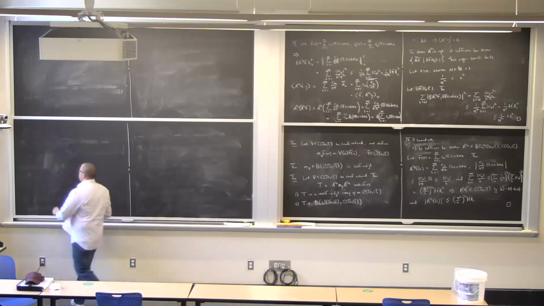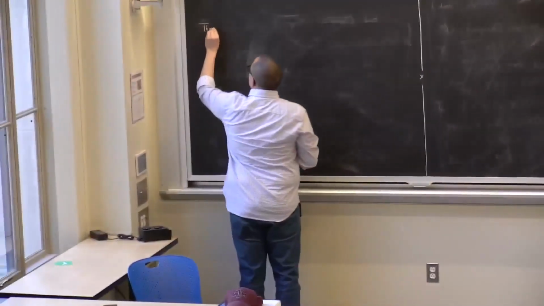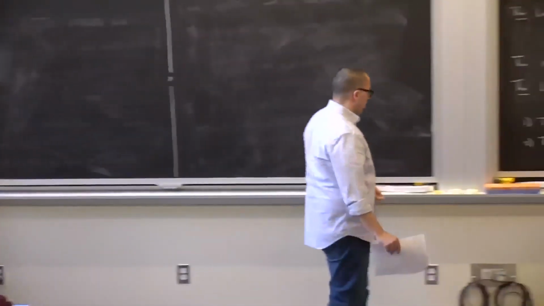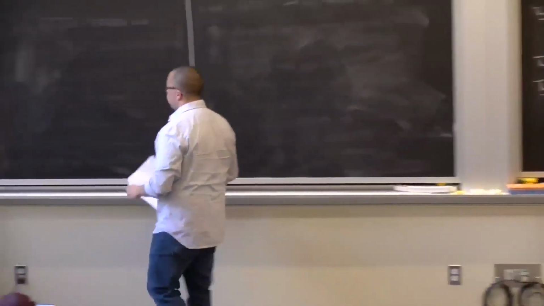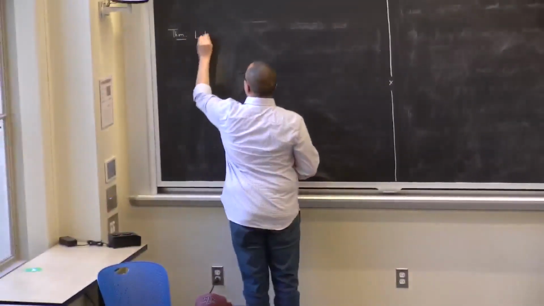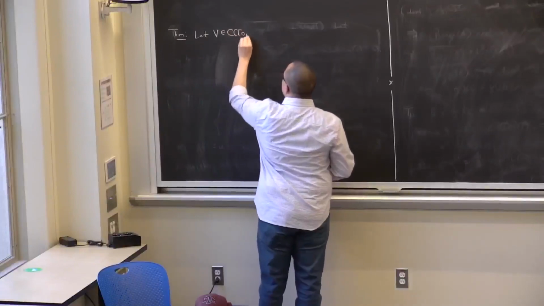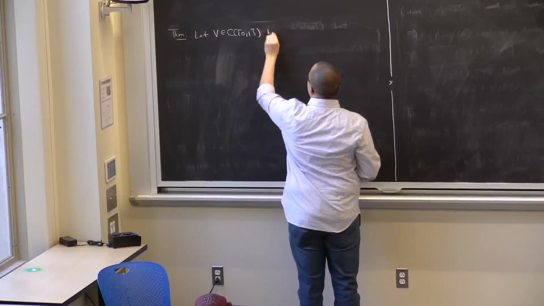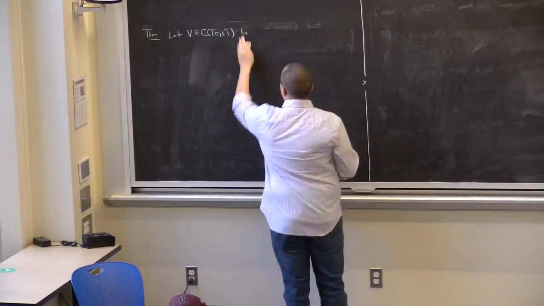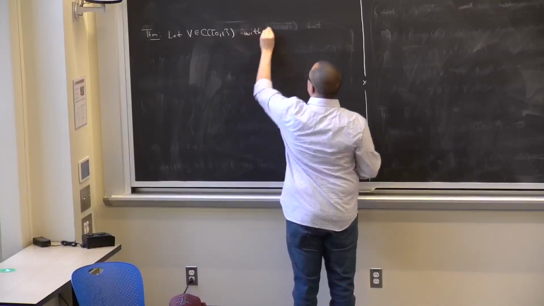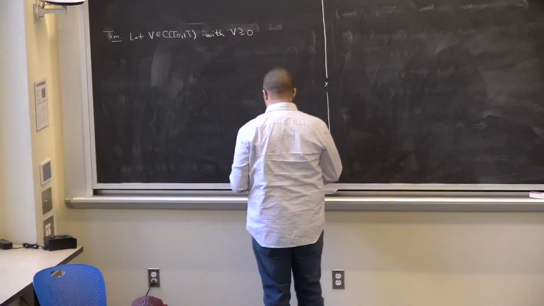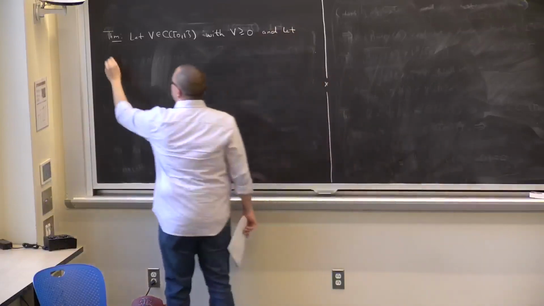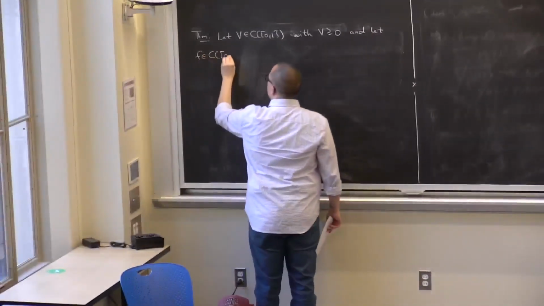Okay, so now the theorem that concludes the existence part of the Dirichlet problem. Let b be a continuous function, non-negative, so its real value is non-negative, and let f be a continuous function.